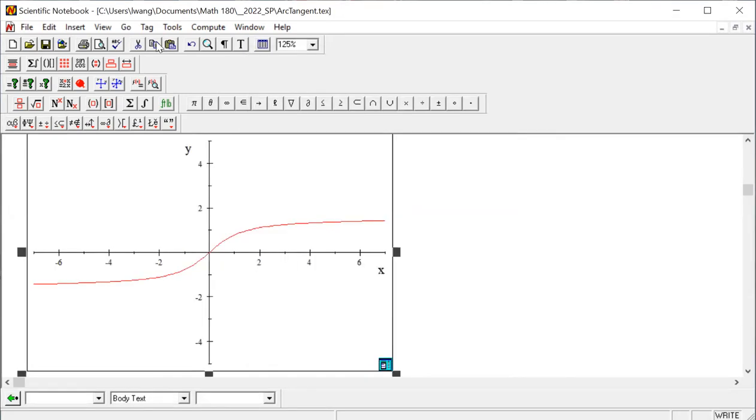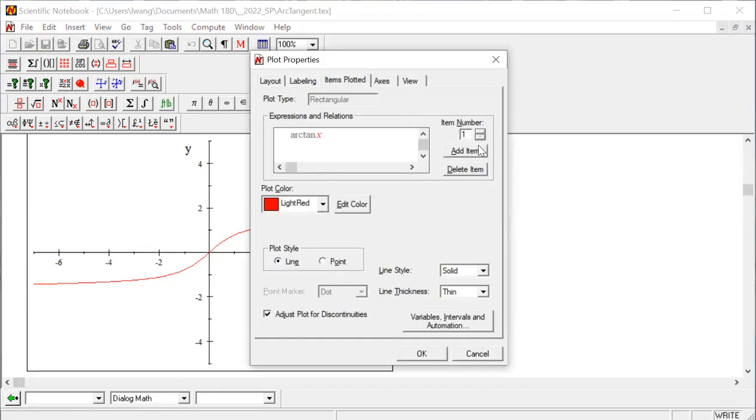Okay, so now I'm going to put the horizontal asymptotes, π/2. I will still use that broken line, the sienna color, and the other horizontal asymptote right there.